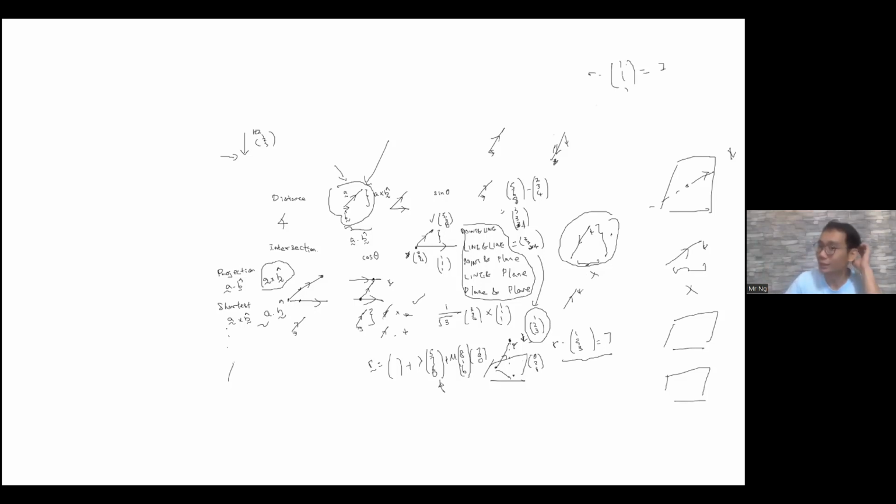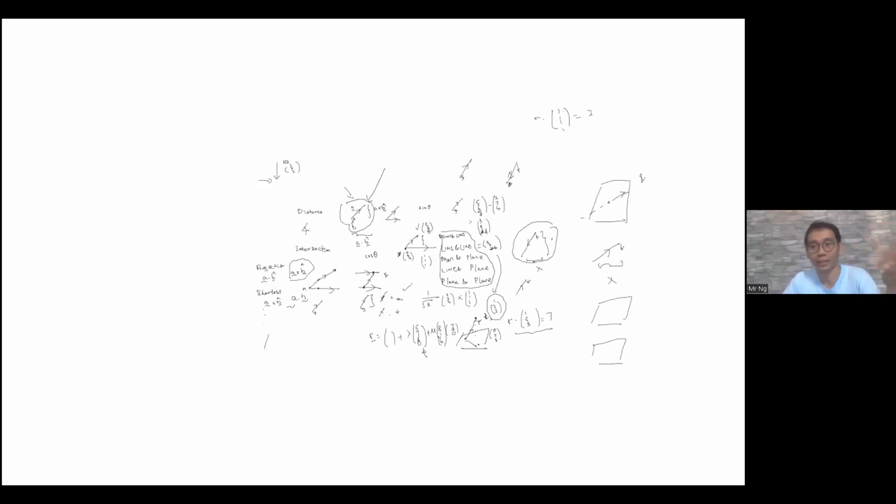Sorry for the messiness, but you can always pause and reverse the video and organize it in the notes that you are taking. We know that r is any point on the plane, and (1, 1, 1) is a normal.